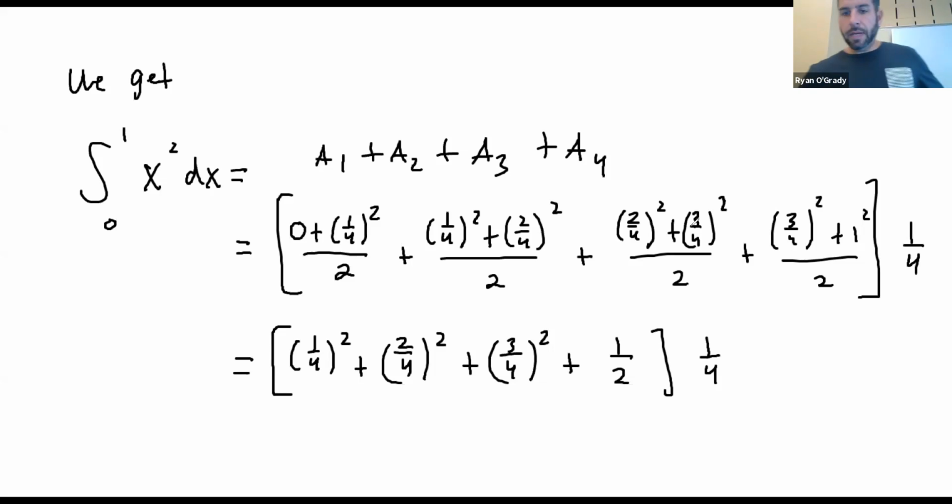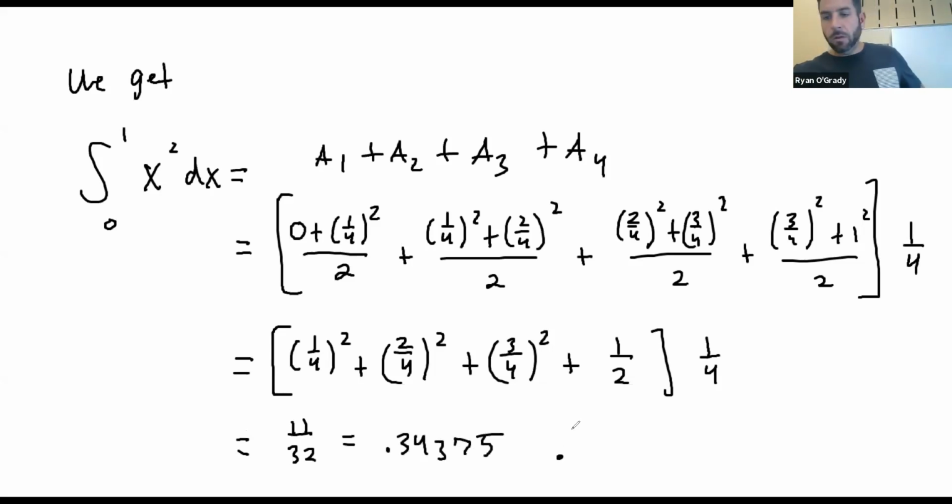What's nice about this is if I do this correctly, I get 11 over 32. Well, it's not even approximate, it's equal to 0.34375. So with just using 4 trapezoids, we are already at 1 decimal point of accuracy.